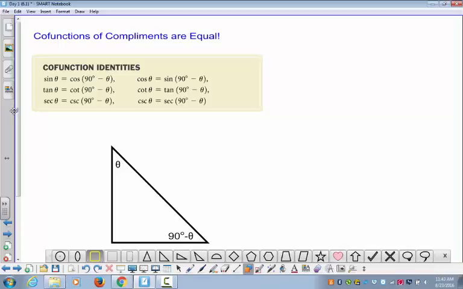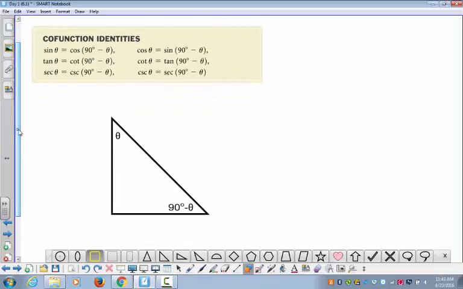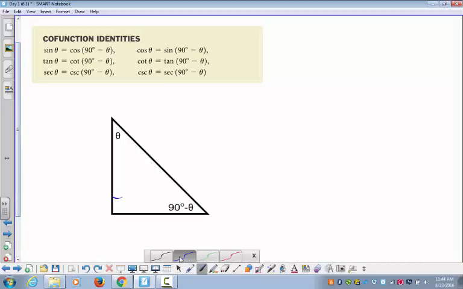If we think about a right triangle, and we identify one of the acute angles as theta, the other angle is necessarily its complement, the other non-right angle, the other acute angle. Everyone agree with that? We know that the angles in a triangle add up to 180. This angle here is 90. So those two have to add up to 90. So that one down there has got to be the complement of that one. And the complement of theta is 90 minus theta, if we're in degrees.